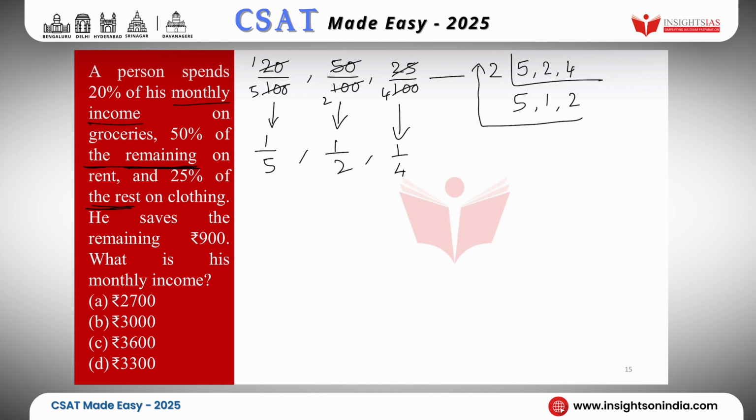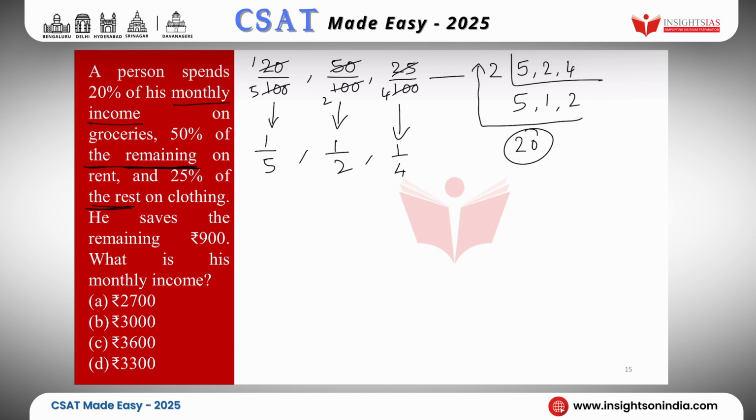Just go on dividing until you have numbers which have a common divisor, and stop where you do not get any common factor, and then multiply these numbers. That will give you your LCM. In this context, it is 2 into 5 is 10 and 10 into 2 is 20. 20 is your LCM. Okay, this is the first step.